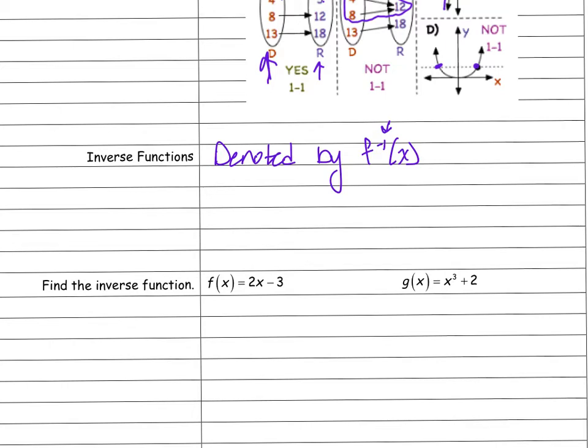And then how do we find an inverse function? Pretty easy.